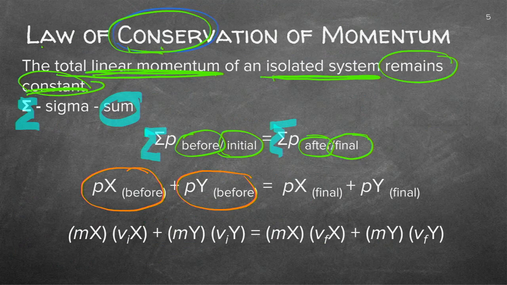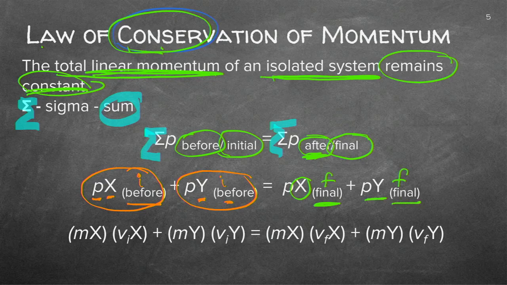I've got the momentum of X before, initial, plus the momentum of Y before, again the initial, will be equal to the momentum of X final, which is after, plus the momentum of Y final.